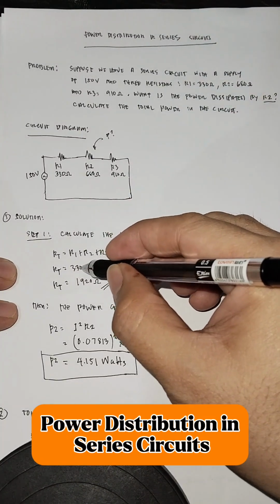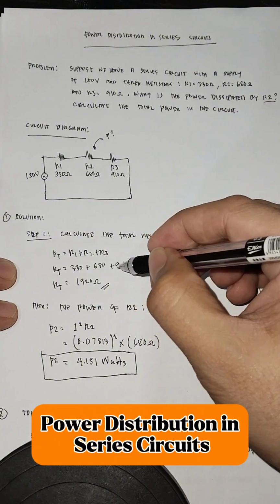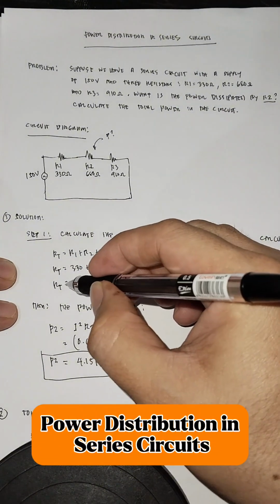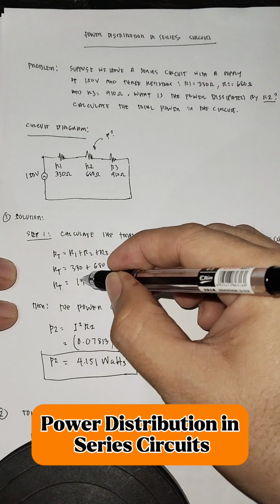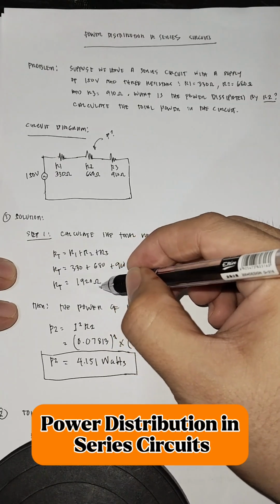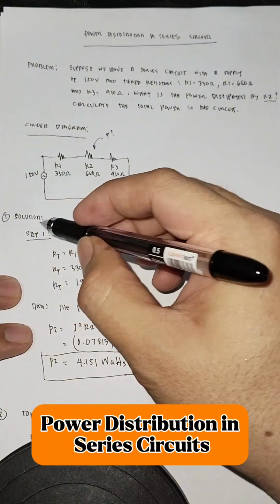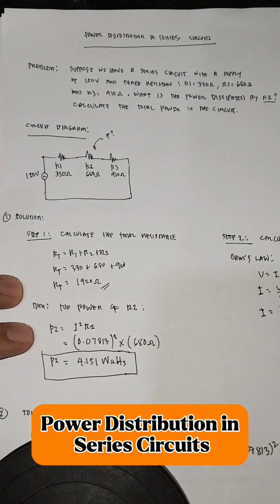So 330 plus 680 plus 910, so the total resistance is 1920 ohms. Okay, so that is step 1.